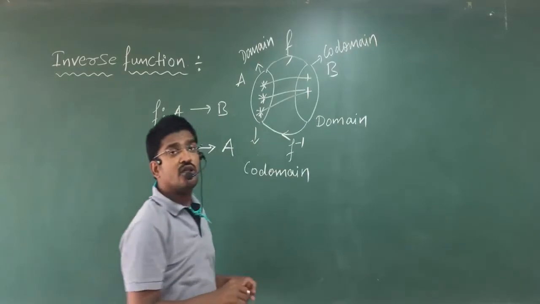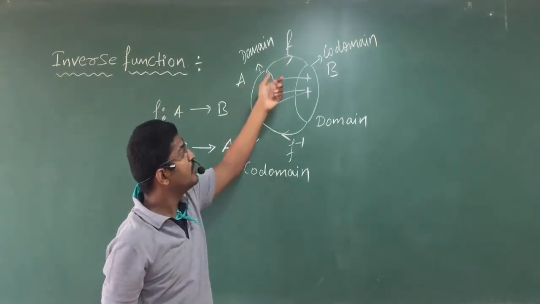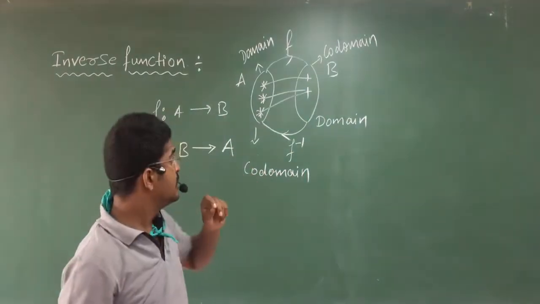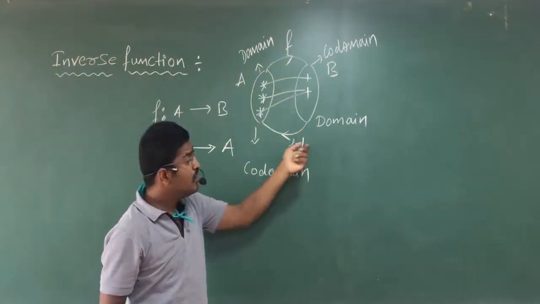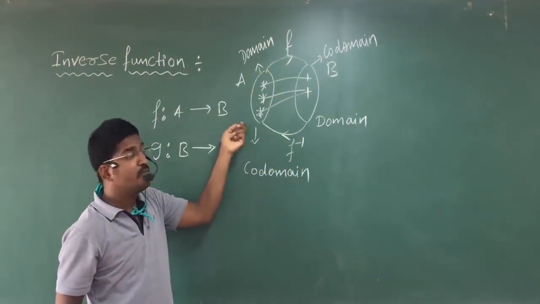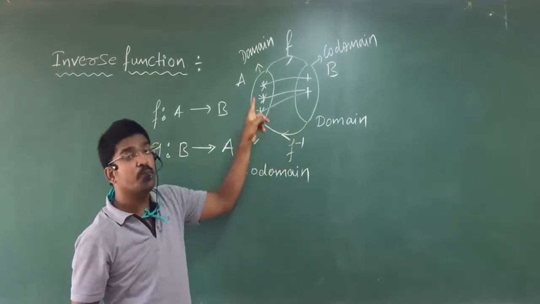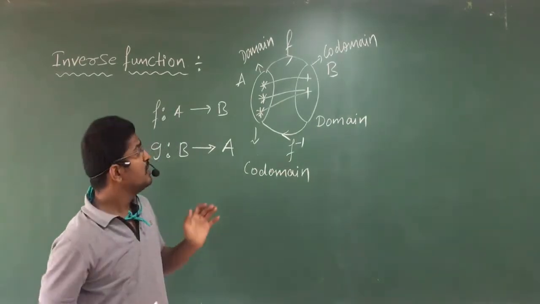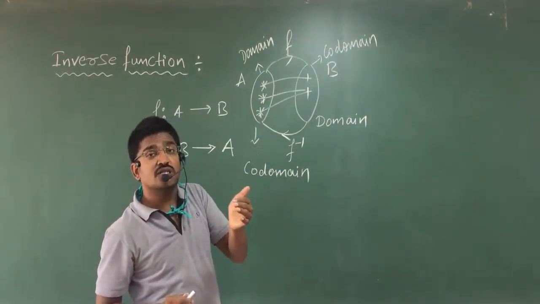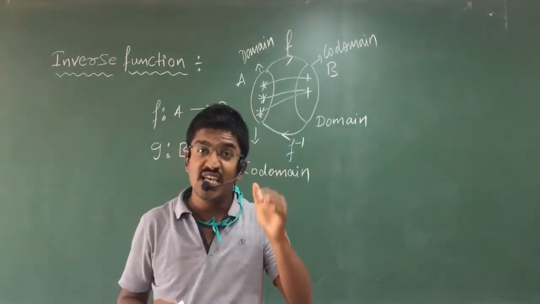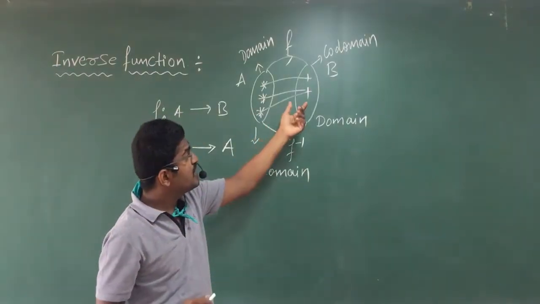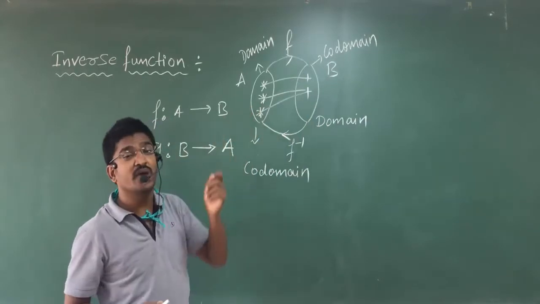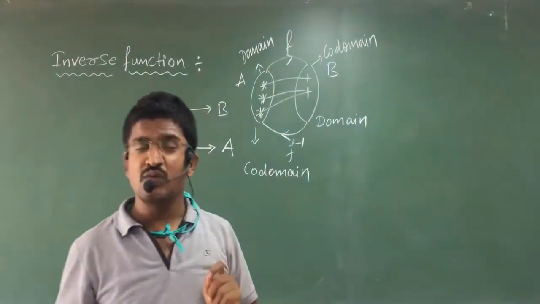For f inverse, B will be the domain and A will be the codomain. That means you are coming in the reverse path. If there is an inverse, this will be the domain and this will be the codomain for the inverse function.